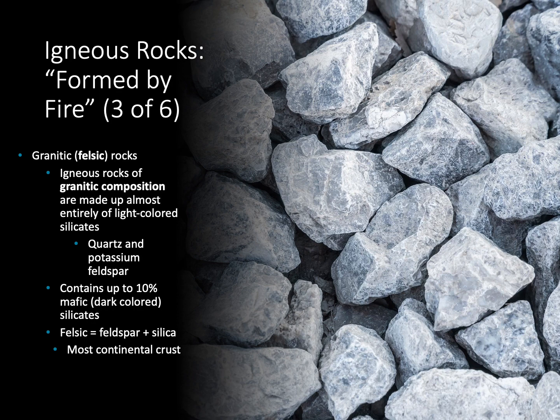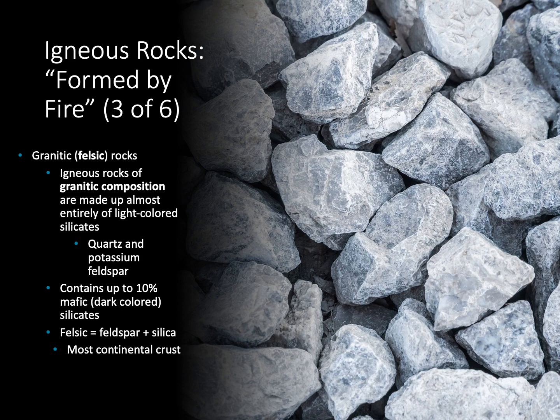But even though these felsic rocks are supposed to be light in color, they can contain up to 10% mafic or dark colored minerals. So they don't have to be entirely, let's say, white or beige. They can have little bits here and there of darker colored minerals as well and still be felsic.